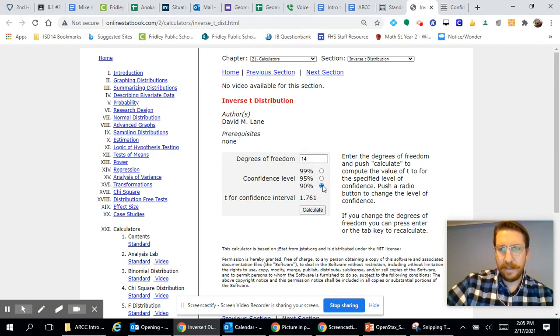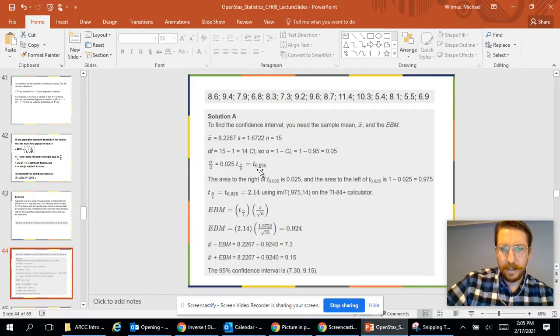Our confidence level is 95. And there they give us the T value, 2.145. So we take that T value, which they rounded to 2.14. You could use your graphing calculator if you want. I used our calculator here. So that is our T value, 2.14.